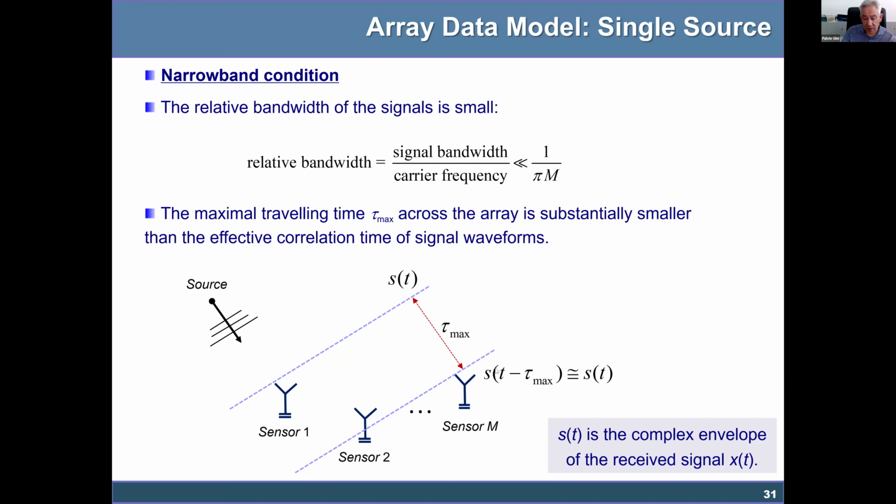The signal remains almost completely correlated. So small bandwidth, slow time variation. In particular, we don't observe a significant variation of the signal during the traveling time across the array. So the wavefront remains fully correlated when it passes across the array. And this is an assumption that we can make if the signal is narrowband. Okay.